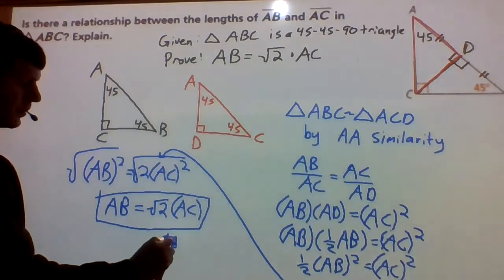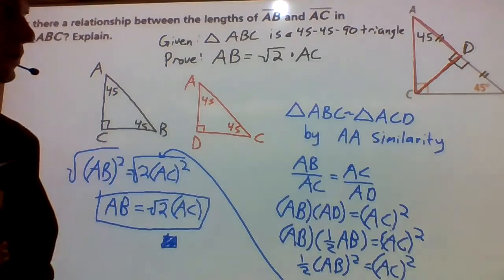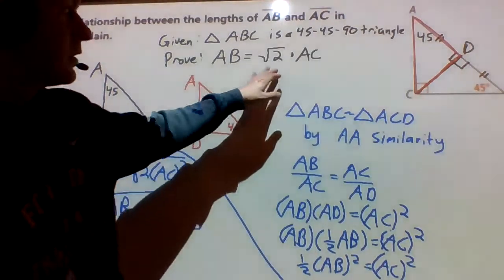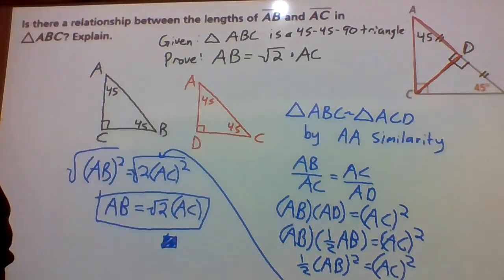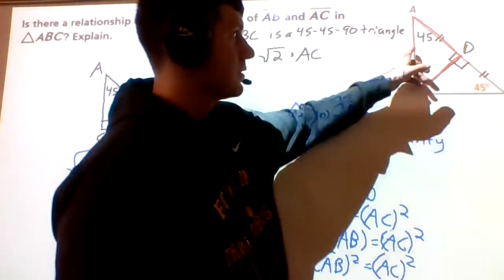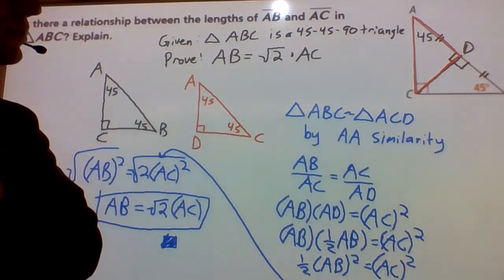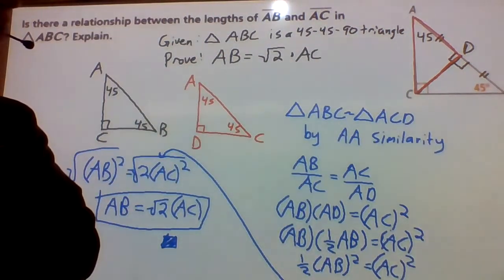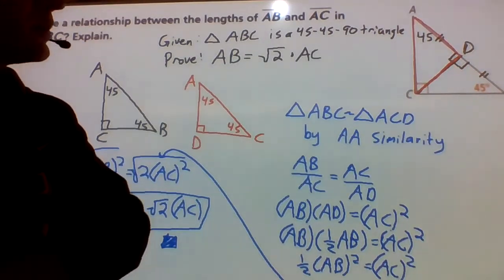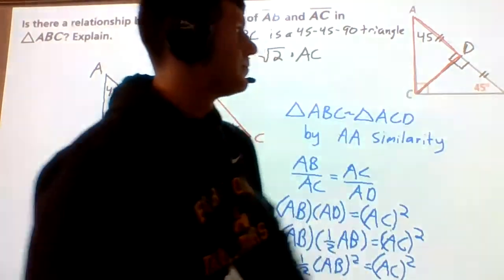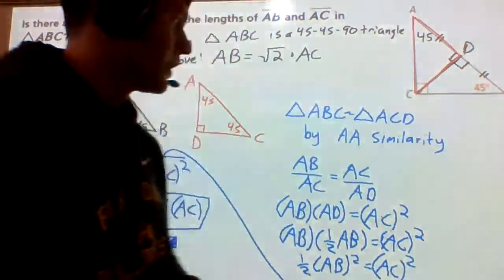So just to recap here, we had a 45, 45, 90 triangle. We're trying to show that the hypotenuse is the square root of 2 times the leg. And so we drew an altitude. Since the 45, 45, 90 triangle is a right isosceles triangle, our altitude is going to be a perpendicular bisector. So AD and DB are the same. Then we redrew the big triangle and the top triangle.